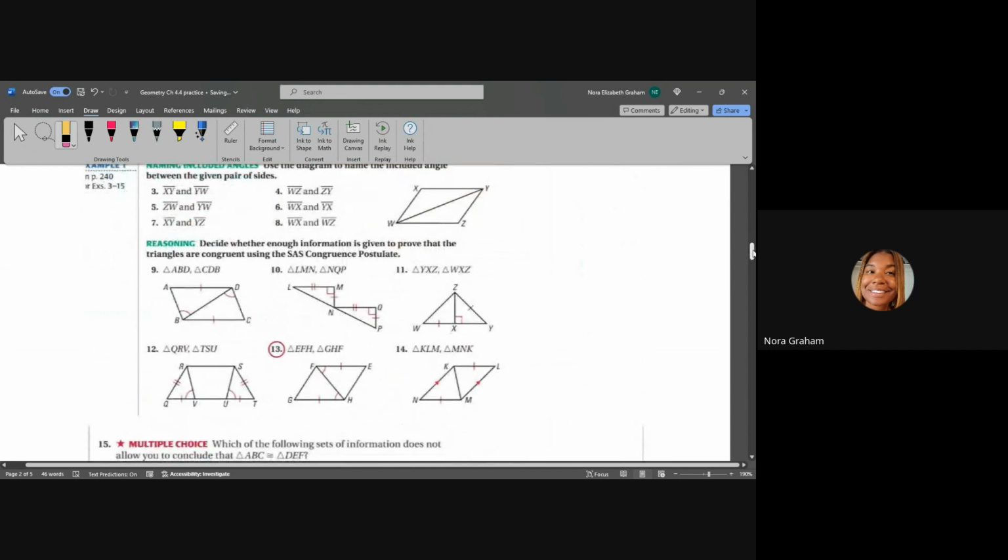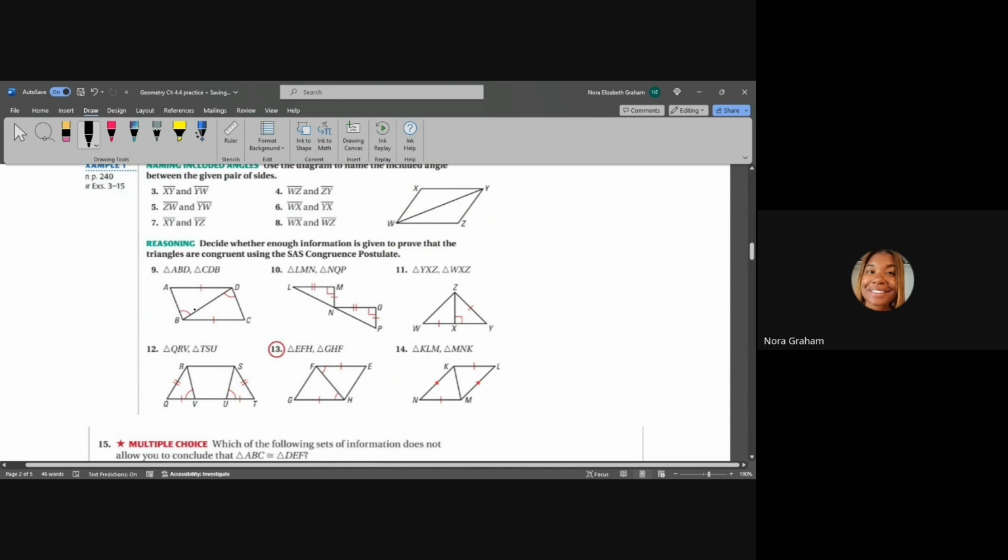Now let's look at 9 through 14. Decide whether enough information is given to prove that the triangles are congruent using the SAS congruence postulate. Let's look at number 9. I have triangle ABD and triangle CDB. I see that AD and BC are congruent.